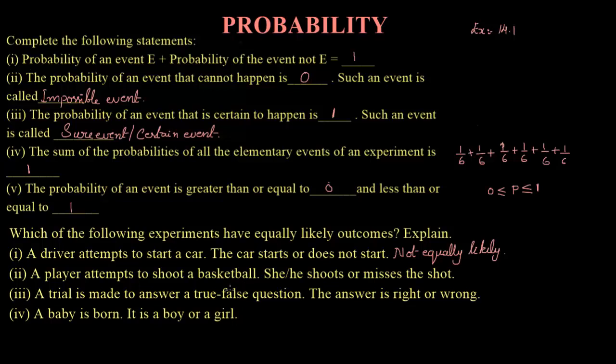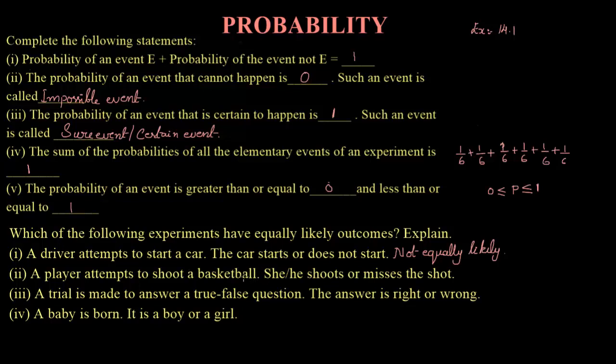Maybe the person who is going to play here is a good player, so the chances for this are more. The probability of a good player putting the ball in the basket is more. But if he is new, or he is a weak player, then the probability of that person putting the ball in the basket will be less. So it is not equal, right?